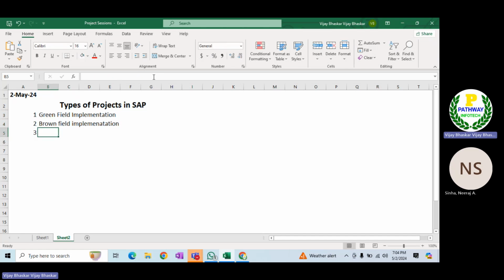The third one would be an EHP migration. EHP stands for enhancement package. Enhancement package upgrade.